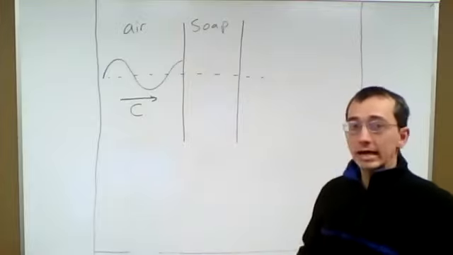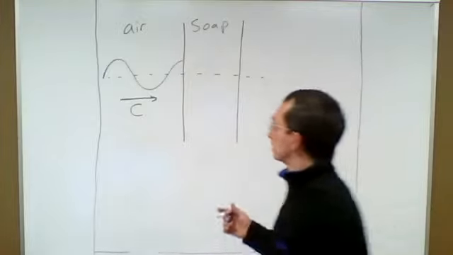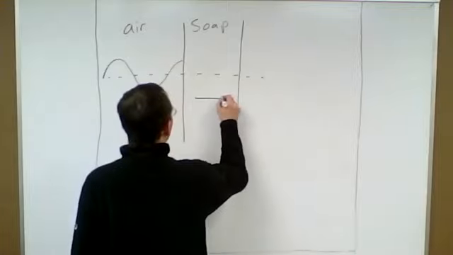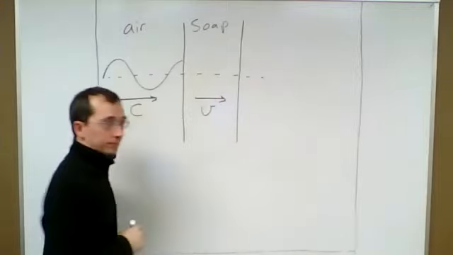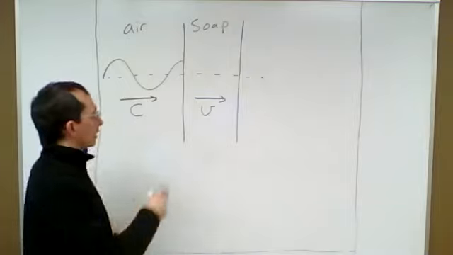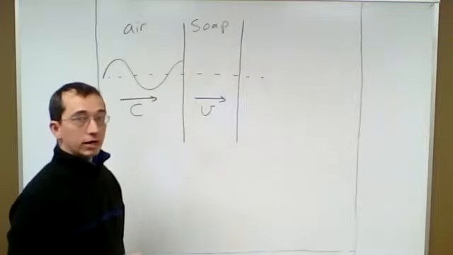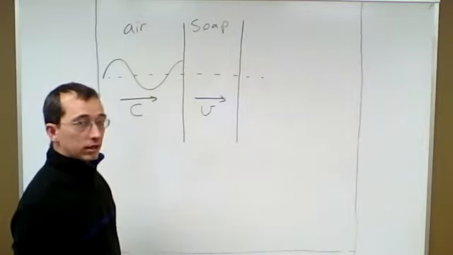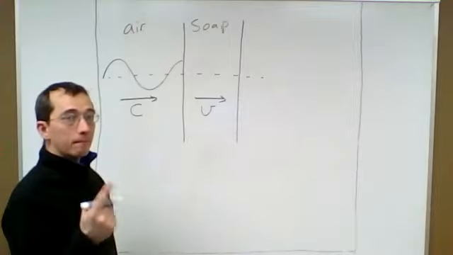When it enters the soap, it's going to travel at a slower speed. It's going to keep on going. We'll call it speed v. Now, because it's moving at a slower speed, the wavelength must change.